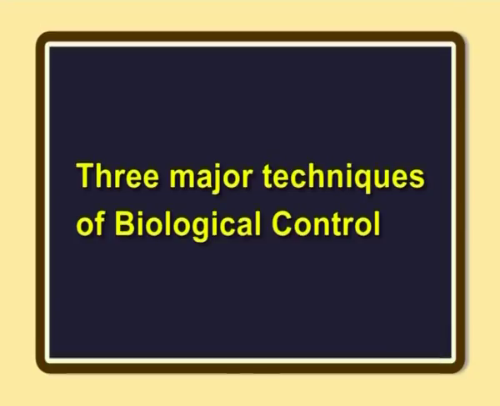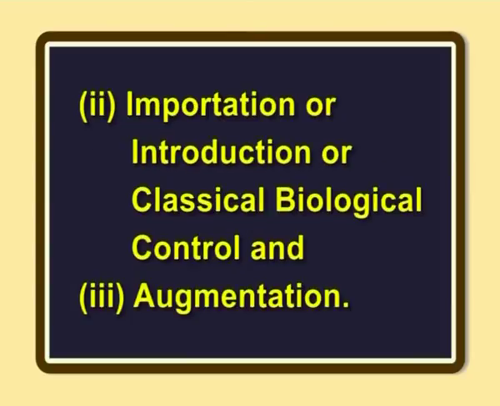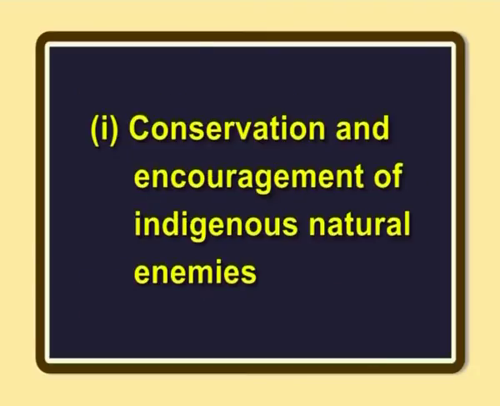Three major techniques of biological control. Biological control is achieved by conservation and encouragement of indigenous natural enemies, importation or introduction, or classical biological control, and augmentation. Number 1. Conservation and encouragement of indigenous natural enemies.